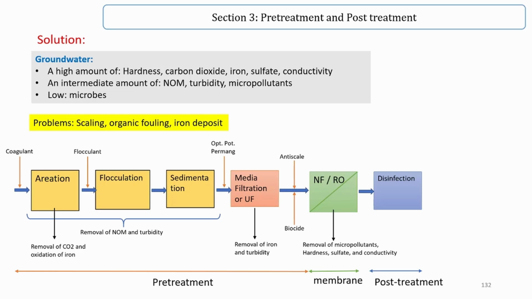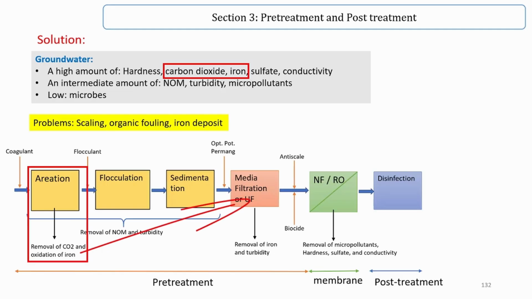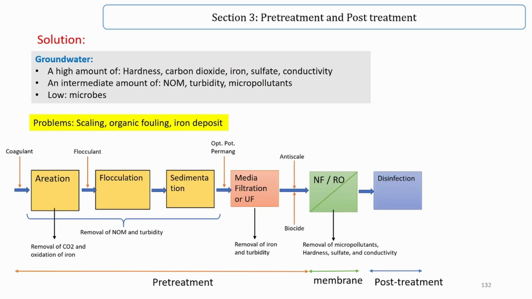In the selection of pre-treatments, you must consider priorities. For this water source, at first I selected aeration to remove carbon dioxide and to oxidize iron. Oxidized iron can be removed using media filtration. Natural organic matter and turbidity can be removed using coagulation, flocculation, and sedimentation processes.